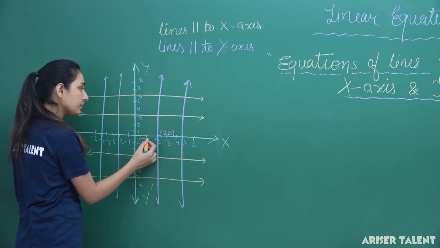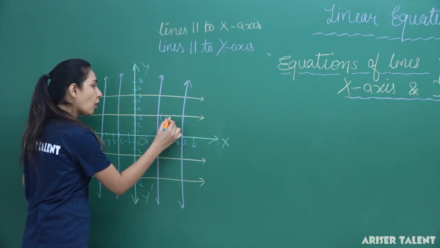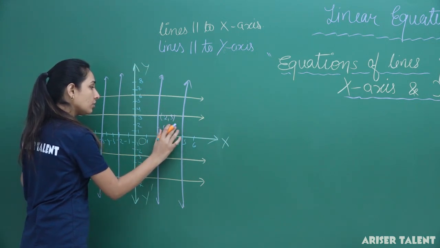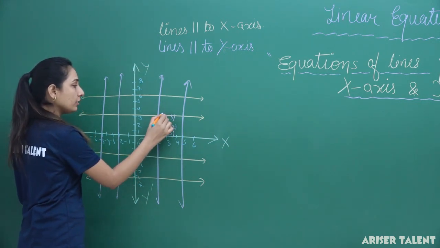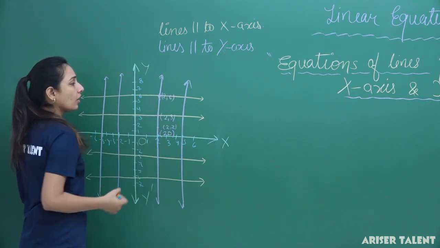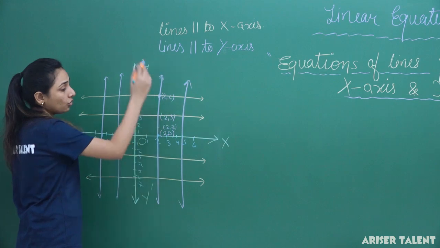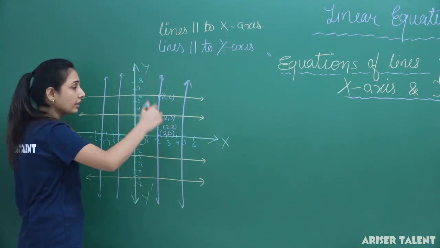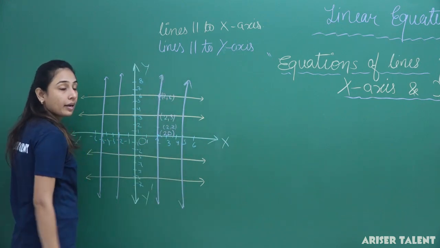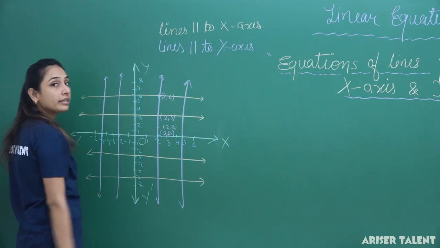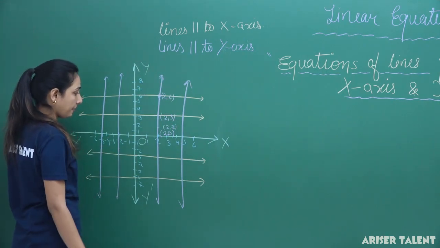So, 2 comma 0, here that will be 2 comma 1, 2 comma 2, 2 comma 3, here that will be 2 comma 6. Okay, that means 2 is constant here, the value of abscissa is constant here and the value of ordinate is going to change every time.